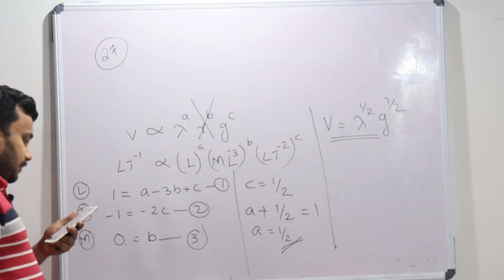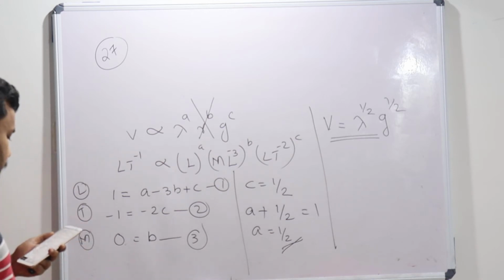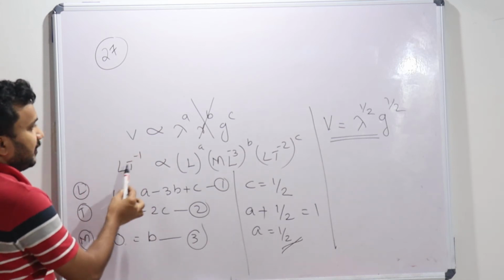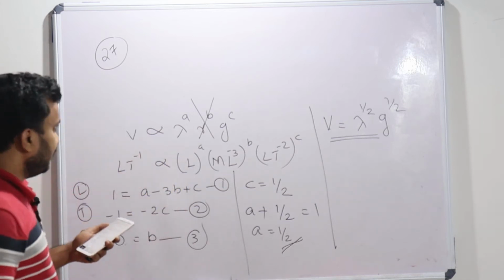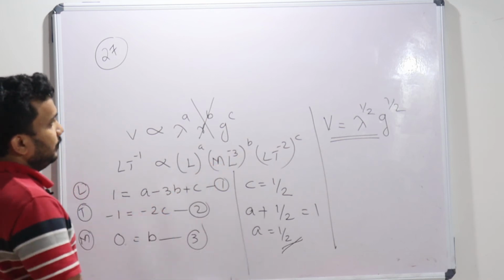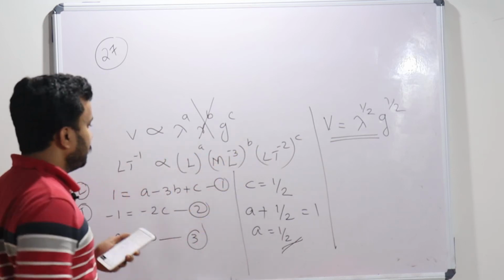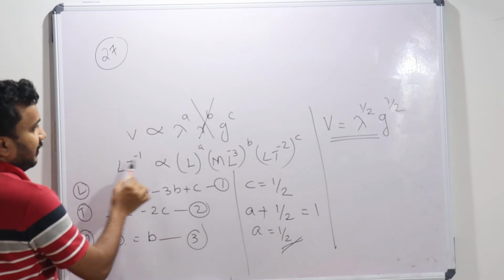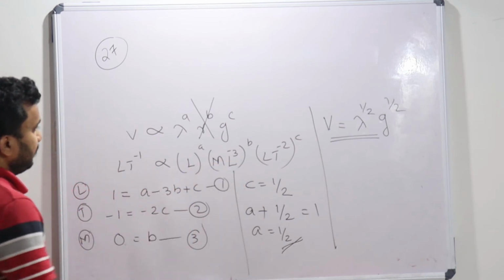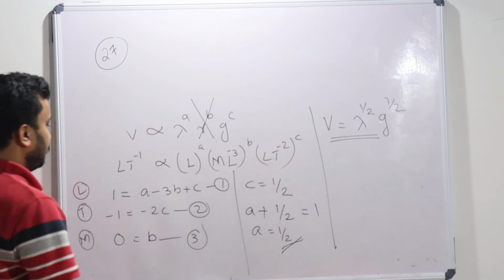Velocity is LT power minus 1, lambda wavelength is L, density is ML power minus 3, and g, acceleration due to gravity, is LT raised to minus 2. First equation for L: 1 equals A minus 3B plus C. Second equation for T: minus 1 equals minus 2C. So C equal to 1 by 2.